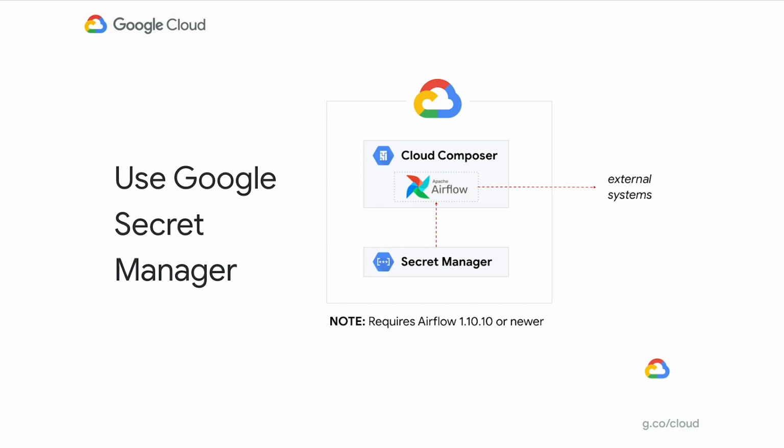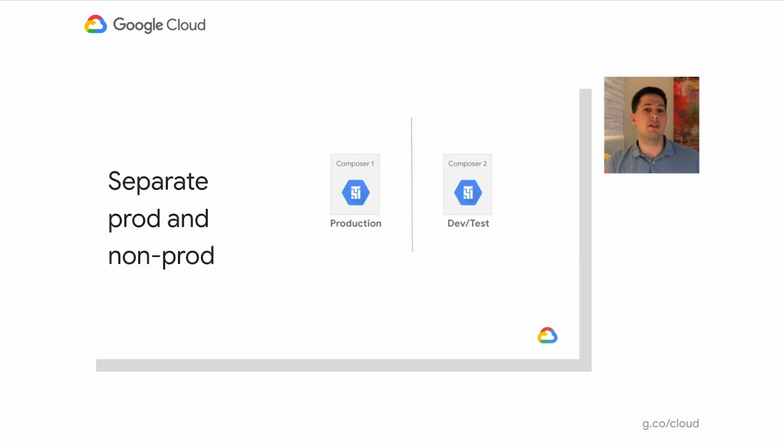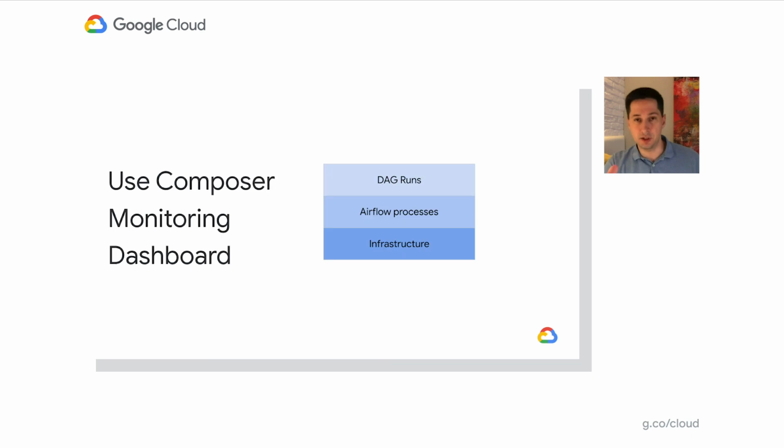The recommended approach from my side would be to use Google Secret Manager as a backend for managing such secrets. This integration was introduced in Airflow 1.10.10, so you need to use that version or newer, and it has also been recently added to Cloud Composer environments.